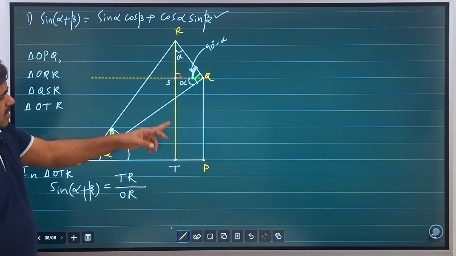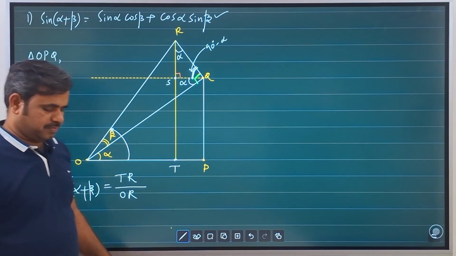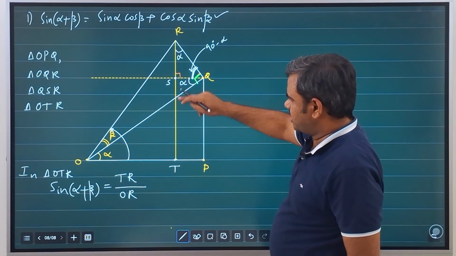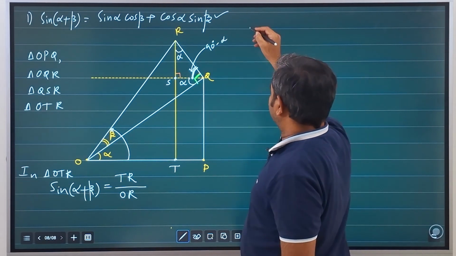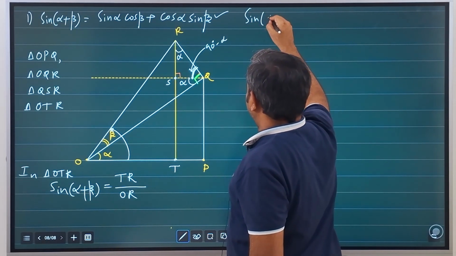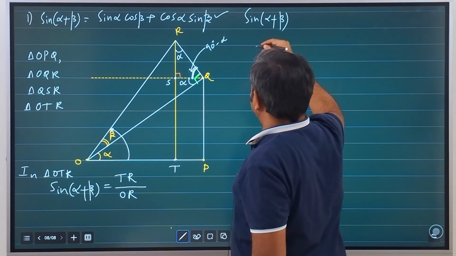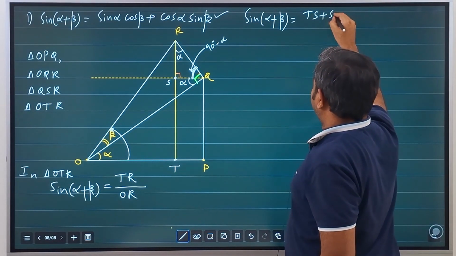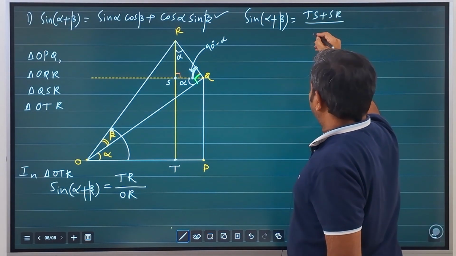TR can be written as TS plus SR. Look at the figure. The straight line length TR is equal to TS plus SR. So I write sine alpha plus beta is equal to TS plus SR by OR.